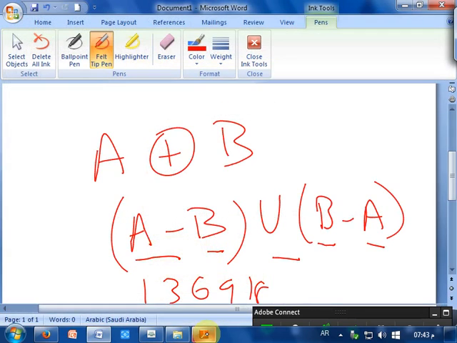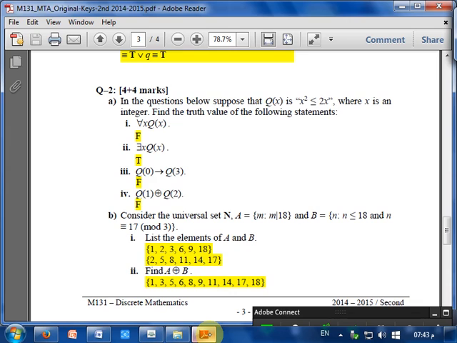And then B minus A, which are in B not in A. So it is 5, 8, 11, 14, 17.